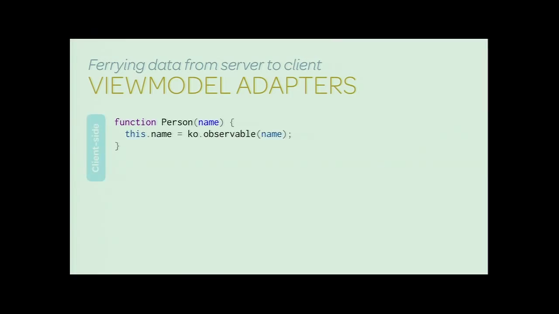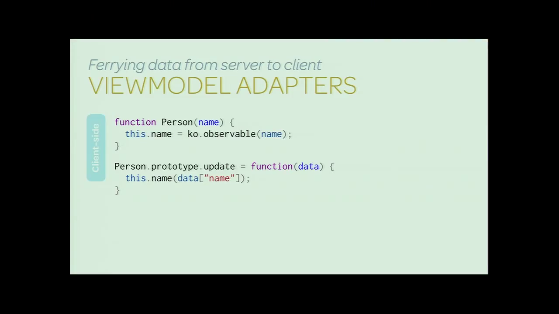So then looking at client-side code, this is a really simple example of a view model on the client. It's our person. They just have a name, and that name is a property that's observable. We'll find out what that means a little bit later for declarative bindings. And then we just decided on this convention that all of our client-side view models have these standard update methods that take a JSON data object and just expect certain properties to be there and assign those to the right properties on this view model object in order to initialize it with all that data.